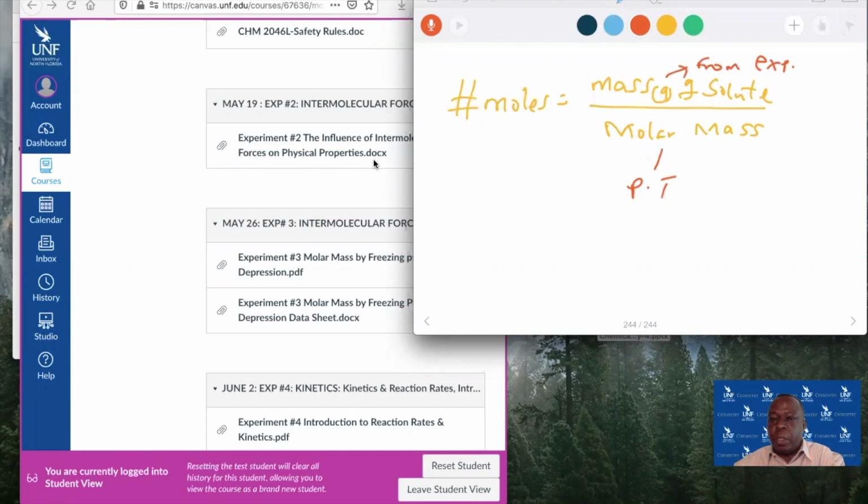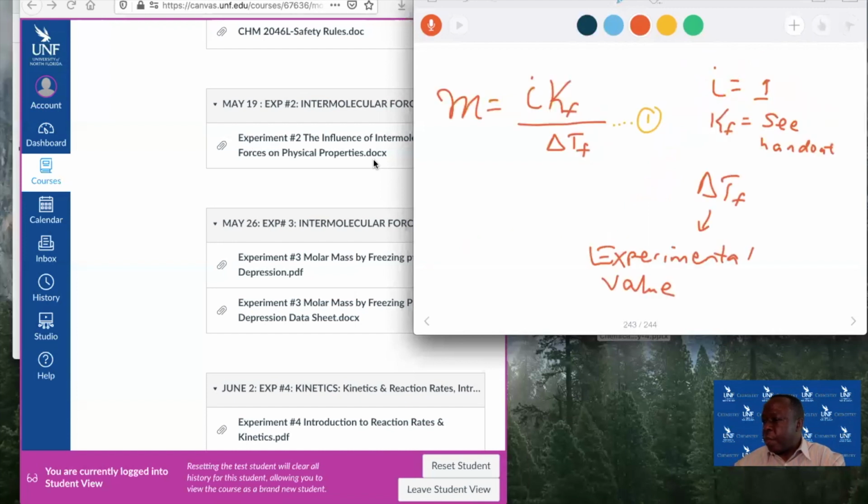So once you know the number of moles from this equation 2, you can therefore find the molar mass. This is a standalone equation. The number of moles from here, we can find the molality.